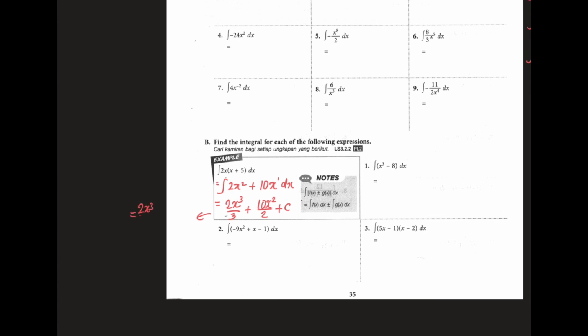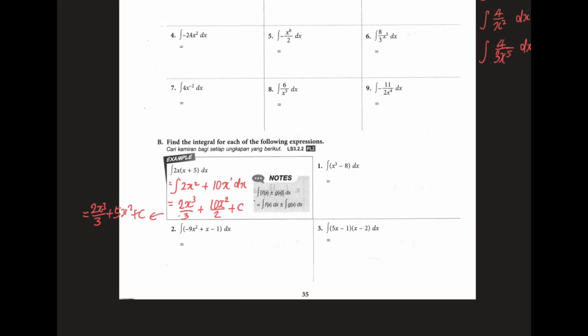Okay, then I write here equal to 2x cubed over 3 plus 5x squared plus c as the simplest answer. Okay, so from here we understand that if you can expand, you expand first. You expand, then only you integrate afterwards. Okay, so expand and integrate.